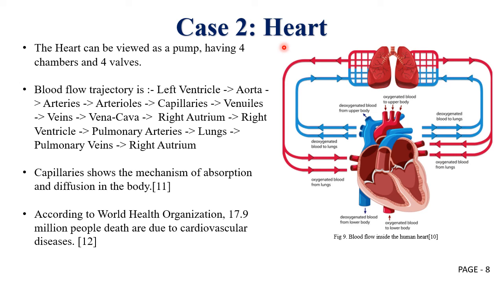So it's truly amazing. And now over here I have shown how the blood flow is occurring throughout our body, and the capillaries also shows the mechanism of absorption and diffusion. So because of that, the capillaries are able to exchange the nutrients and oxygen and carbon dioxide.